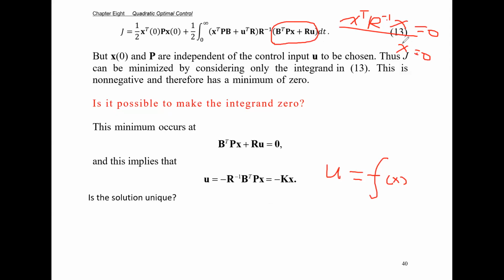If x is not 0, we know this one will be bigger than 0. So now, tell me, except this one, is there any other solution to make this to be 0? There is no other solution.